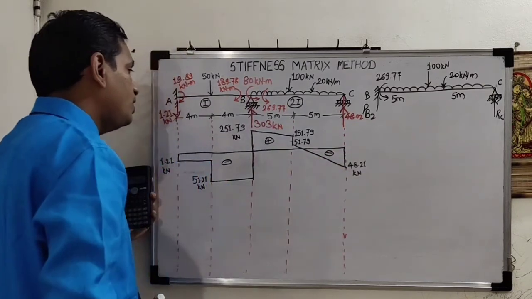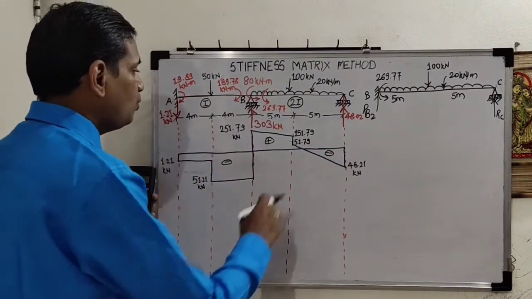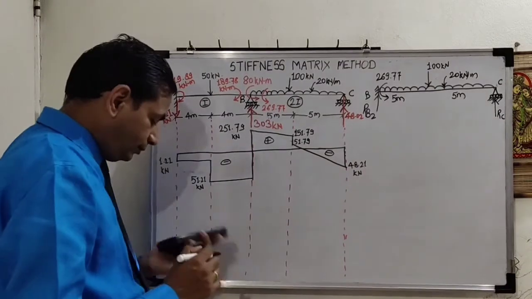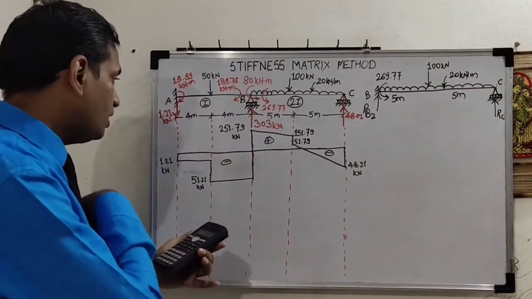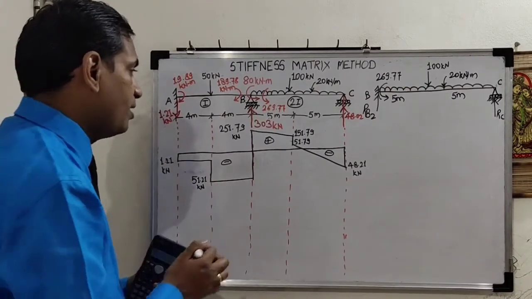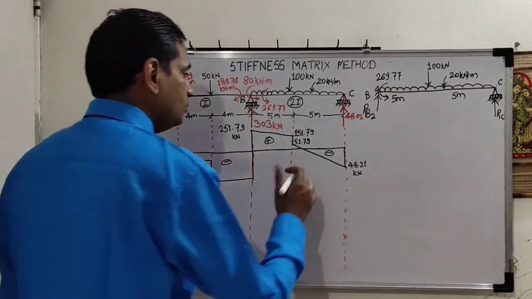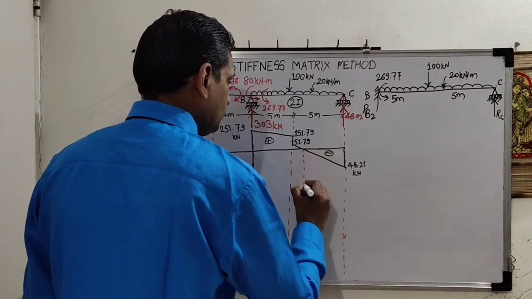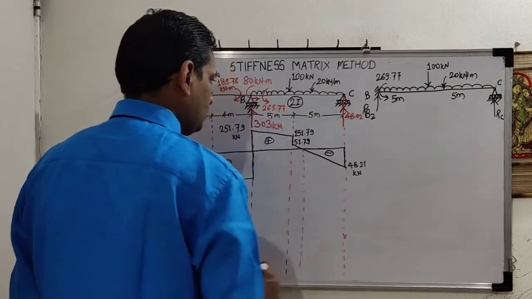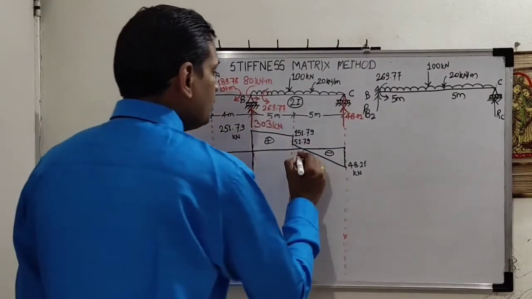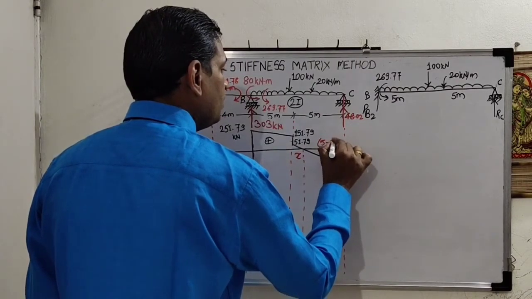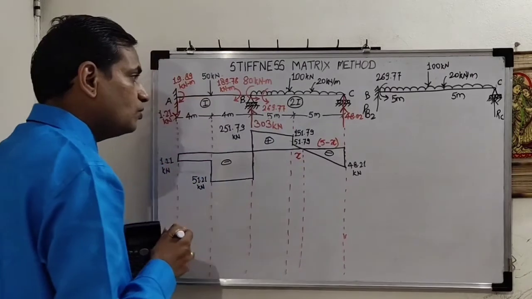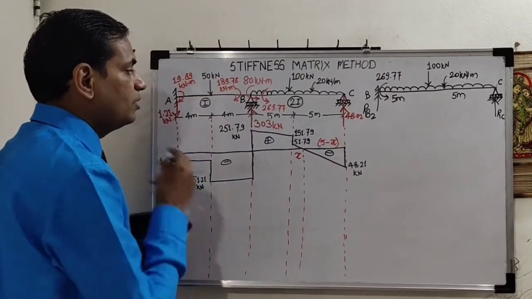So locations of zero shear force, there is only one point here. So we will try to identify first of all this point, then we will draw bending moment diagram. So if you say this is x, this will be 5 minus x. How to get this?